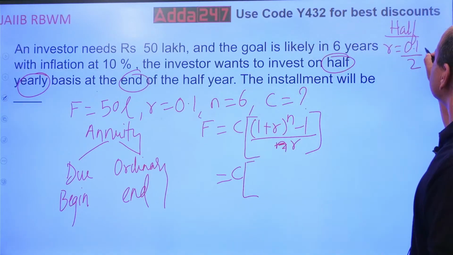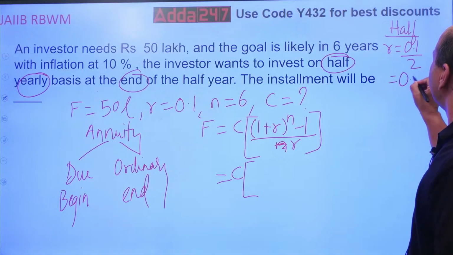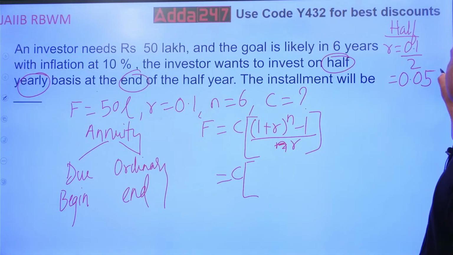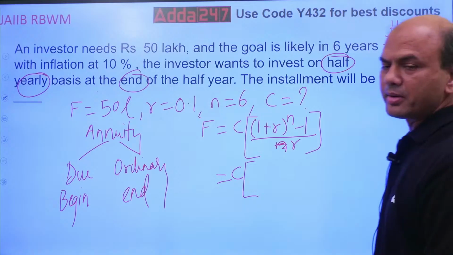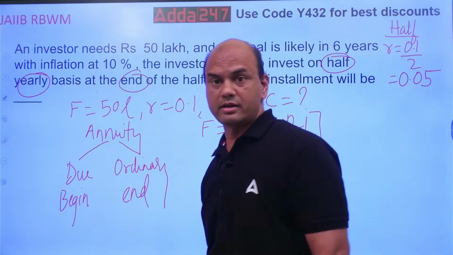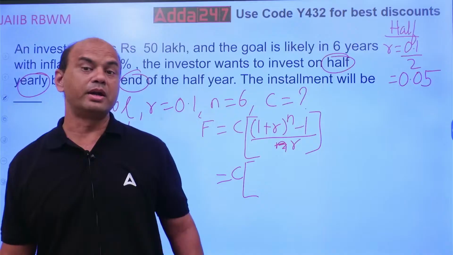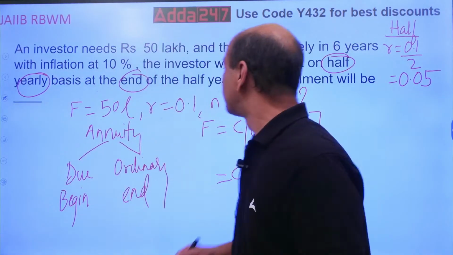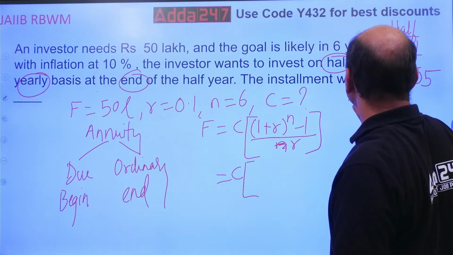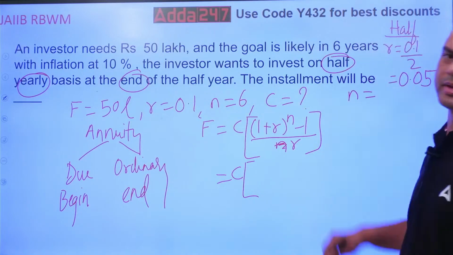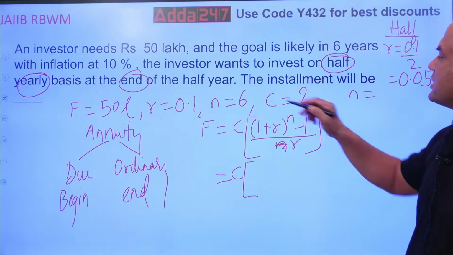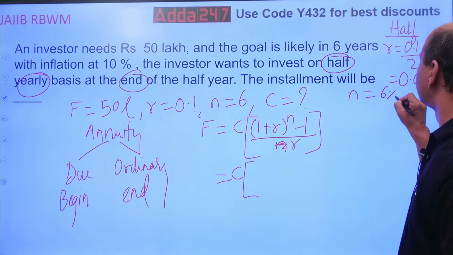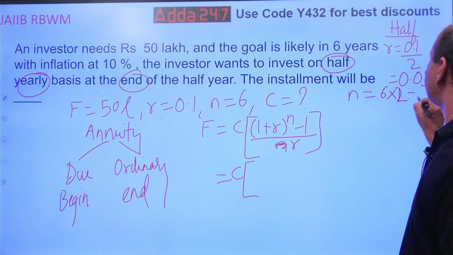So 0.1 upon 2, this will be 0.05. And kindly note the number by which you divide R, the same number you will be multiplying to N. N over here is given as 6, so it will become 6 into 2, which is 12.